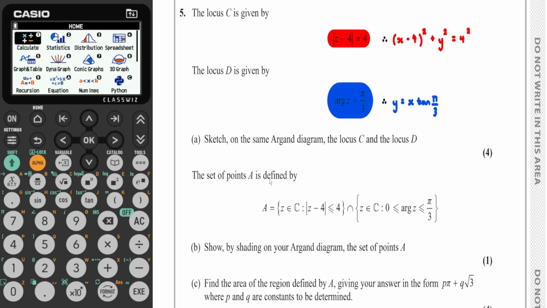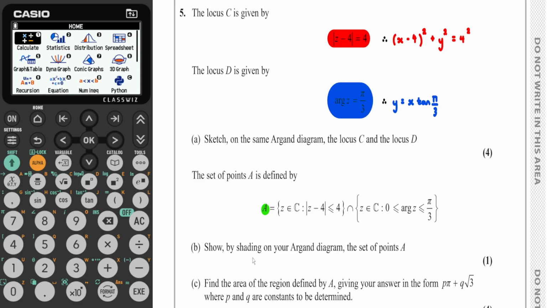The set of points A is defined by A equals the set of complex numbers where the mod of z subtract 4 is less than or equal to 4, and the set of complex numbers where the argument of z is greater than or equal to 0 but less than or equal to pi over 3.